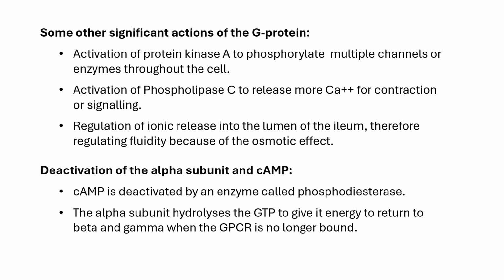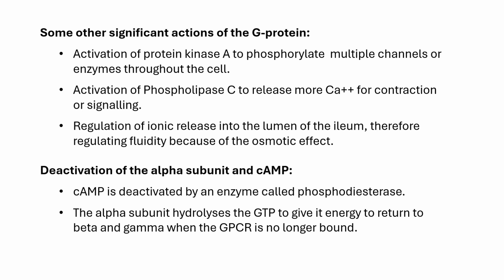So let's deactivate it. Okay, so the ligand is no longer bound to the receptor. Cyclic AMP is deactivated by another enzyme with a wonderful name of phosphodiesterase. The alpha subunit, this is where it uses that GTP, remember, that it's been carrying around all this time.